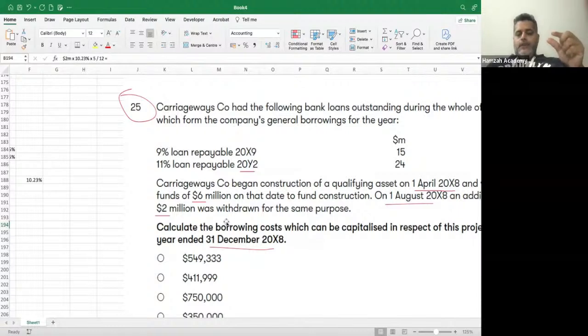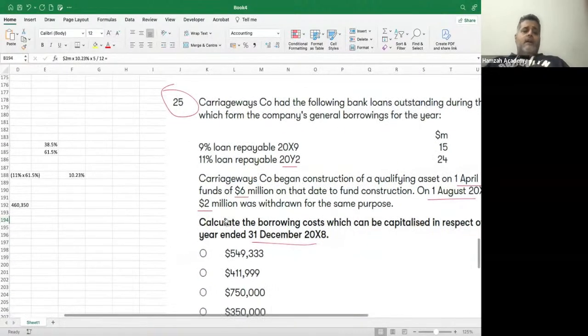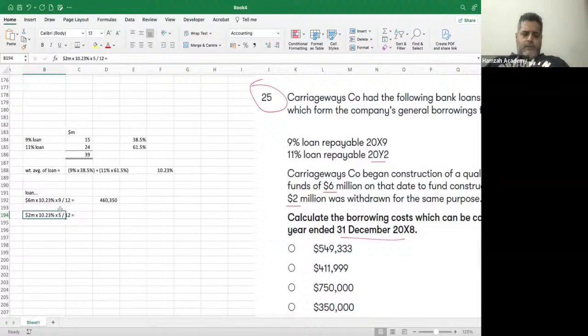Either I take the 6 million from 1st April to 31st July, which is 4 months, and then the total amount of 8 million from 1st August to 31st December. Or I can go the other way, taking the 6 million for the whole period and the 2 million separately for 5 months. It is one and the same thing. Getting my point? Yes or no?